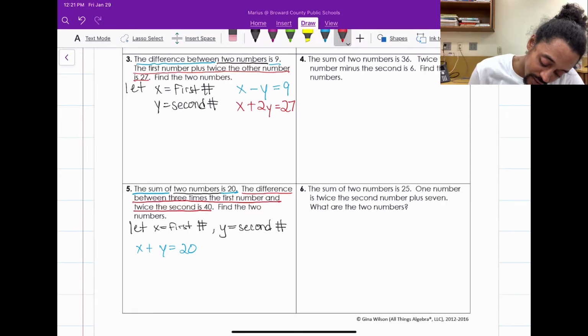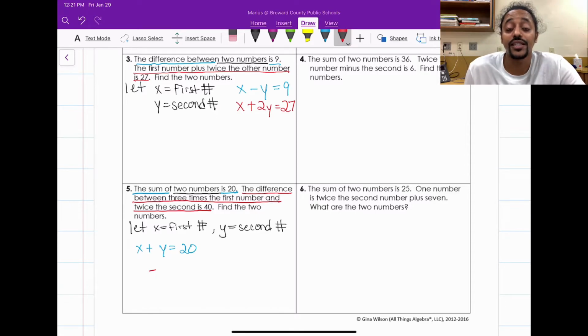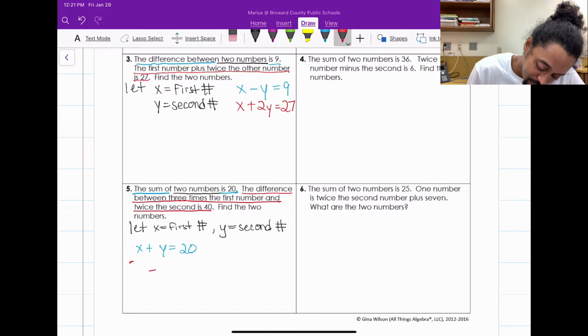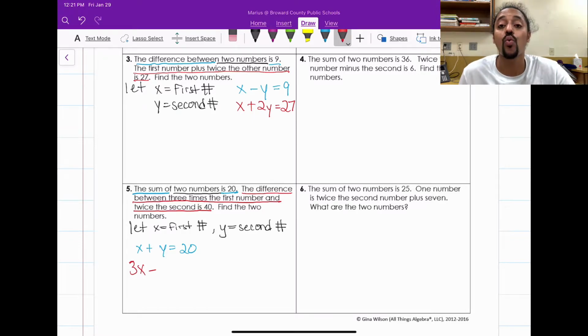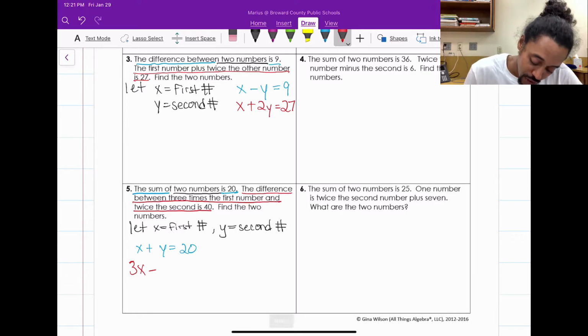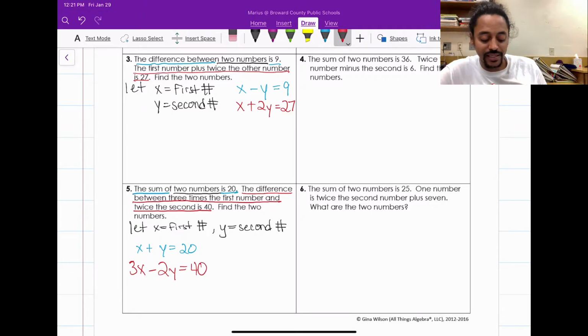So the difference means to subtract. 3 times the first means just that, 3 times the first number. The first number is x, so that's going to be 3x. And then the second term, it says twice the second one. Twice, once again, means 2 times. So 2y, and all of that should equal 40. So that's how the system of equations should look for number 5.